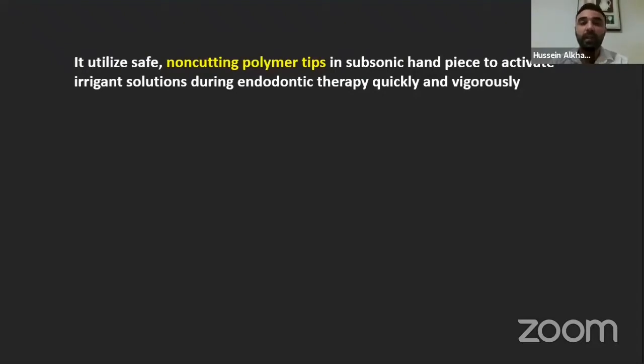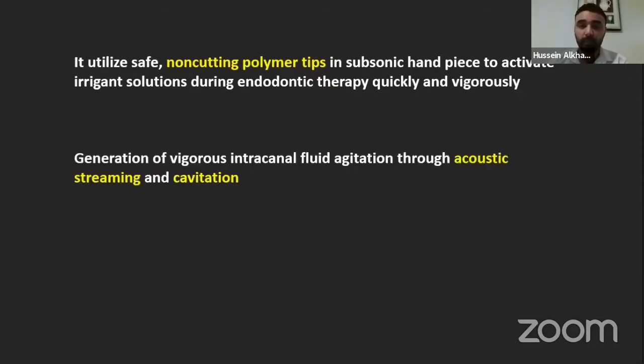It doesn't cut dentin, it just agitates the irrigation solution. It does so by production of acoustic streaming and cavitation phenomena, which increase the activity of the solution agent, and this will lead to better activation and penetration of the solution.